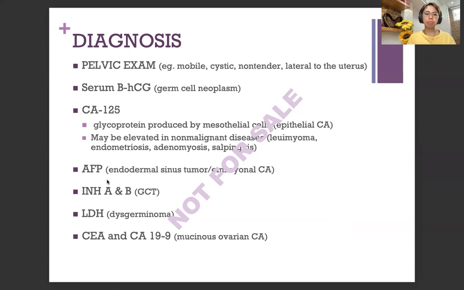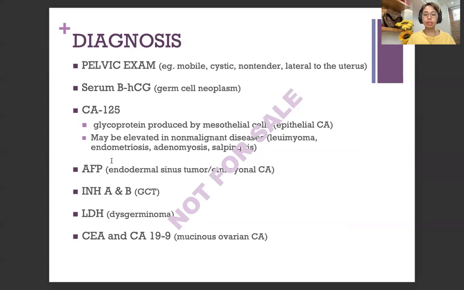Okay. Doc, will CA125 be elevated in cases of sex-cord stromal tumor or germ cell neoplasm? The answer is no. Okay. We have different tumor markers for them, and these are the ones subsequently mentioned. Alpha fetoprotein for endodermal sinus tumor or embryonal carcinoma.